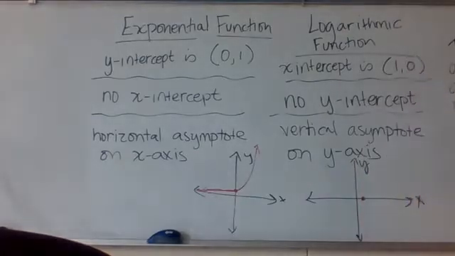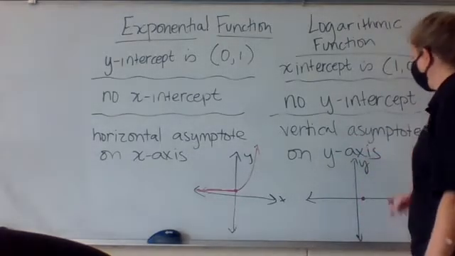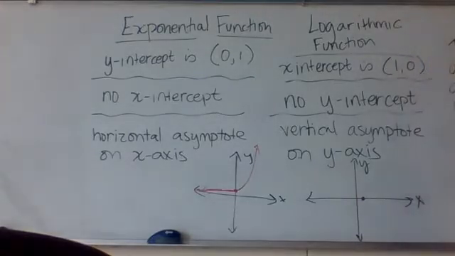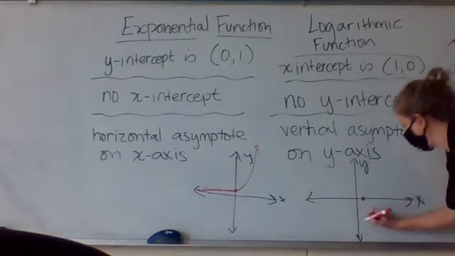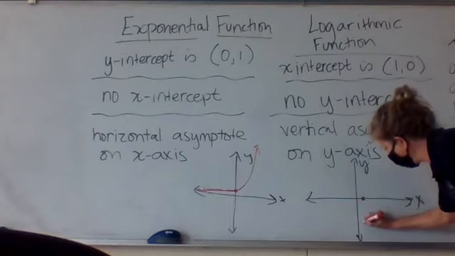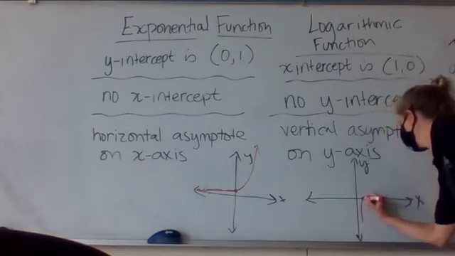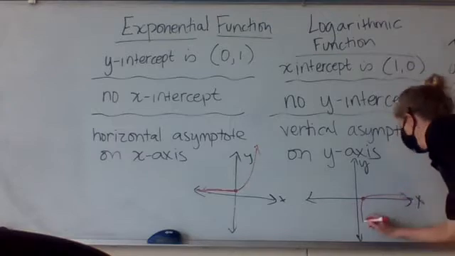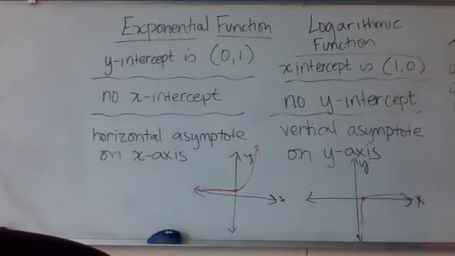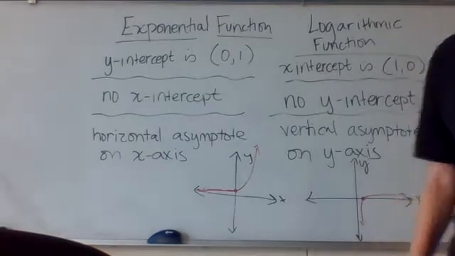It's not going to cross the y-axis because there's a vertical asymptote on the y-axis. It comes straight up the y-axis, then it crosses through the x-axis at +1, and then it shoots this way. So that's what your logarithmic function looks like on a graph.